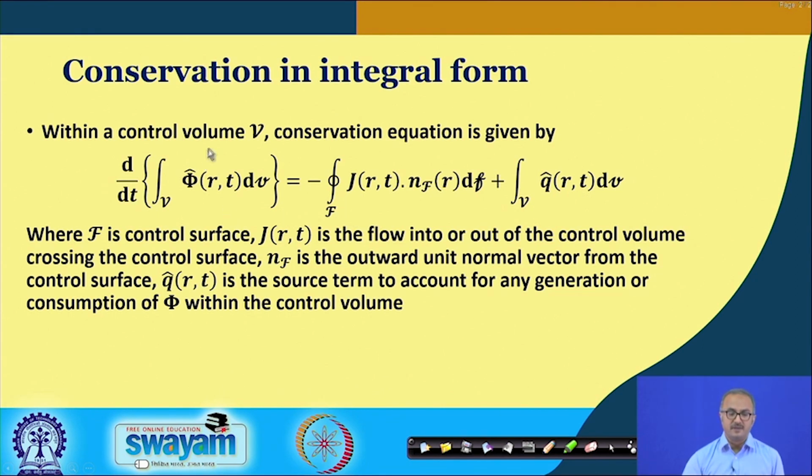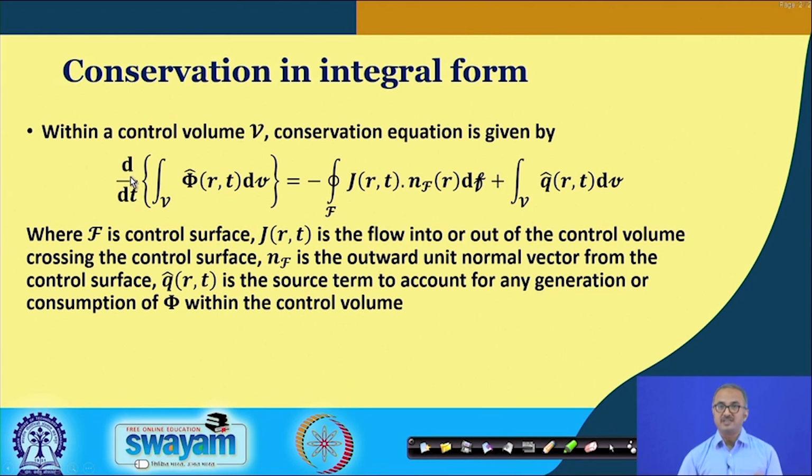To understand this, let us first look at the control volume V. The left hand side tells us how a particular specific property is changing within a volume with time. This integral is over the volume, because the property is volume specific, so when I integrate over the volume I get the total value within the control volume, and how it is changing with time.